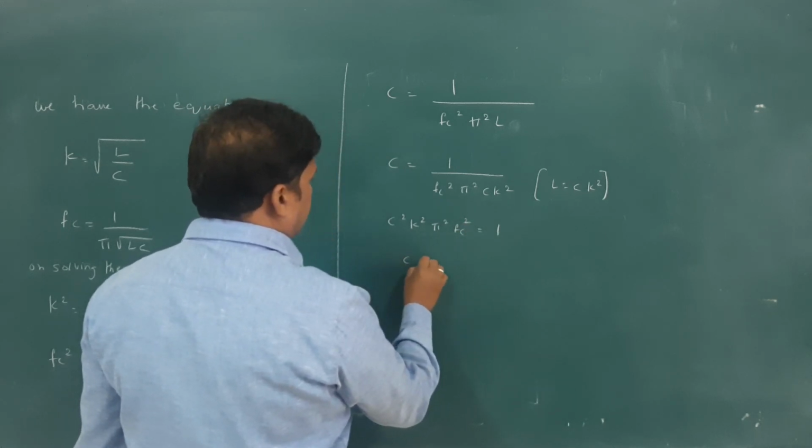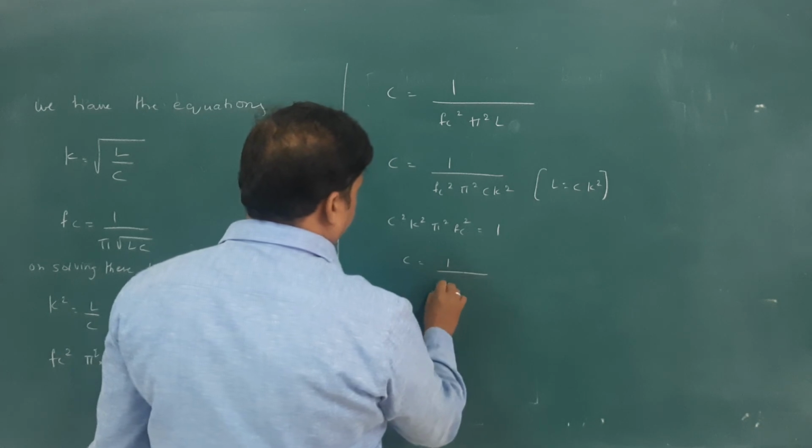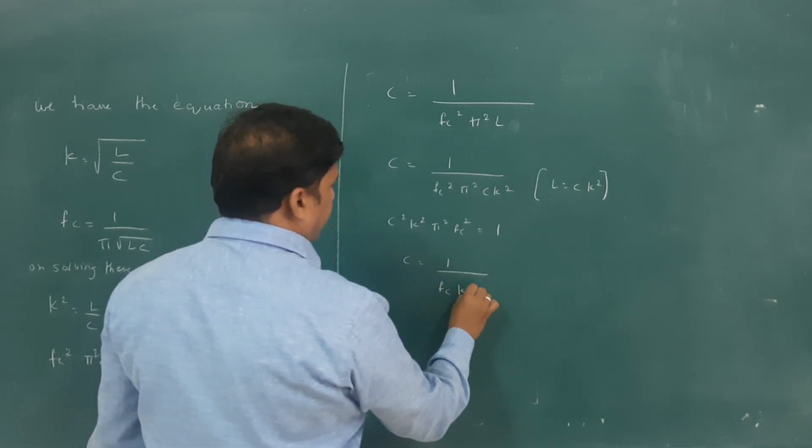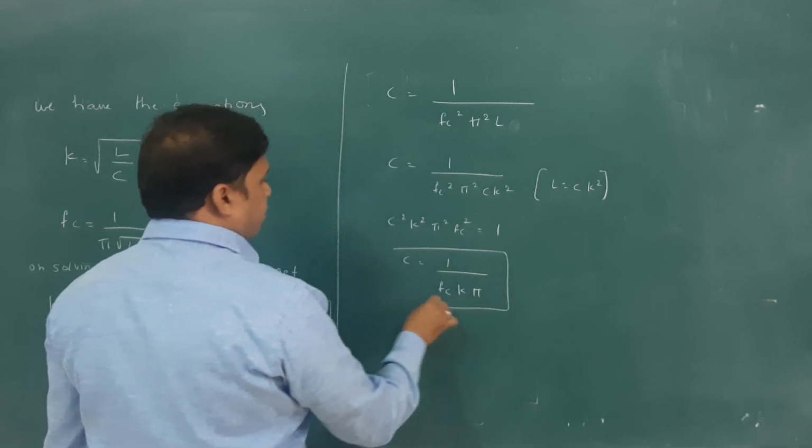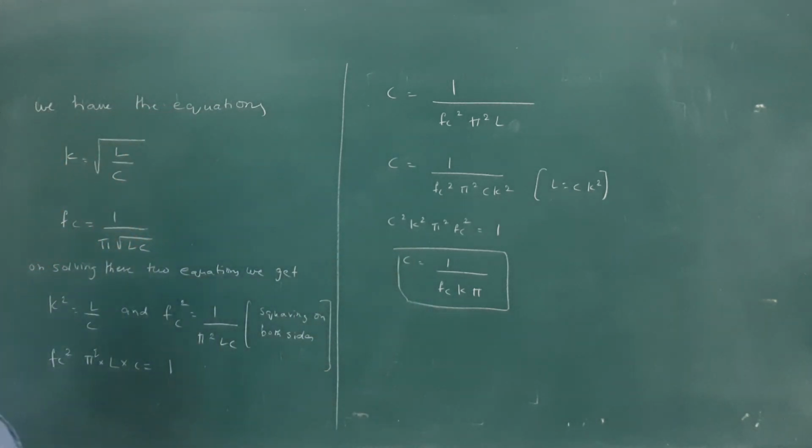So C is equal to 1 by fc K pi. From the same thing we can get the L value also.